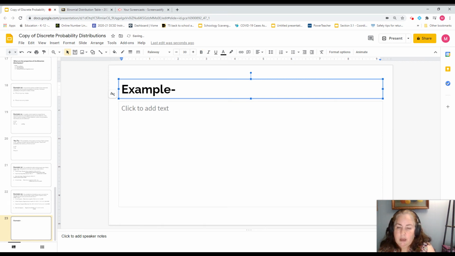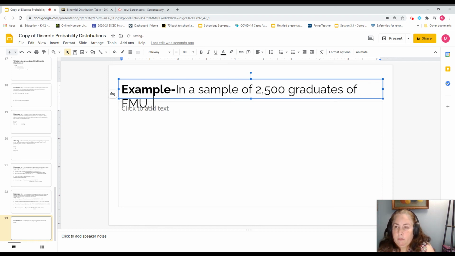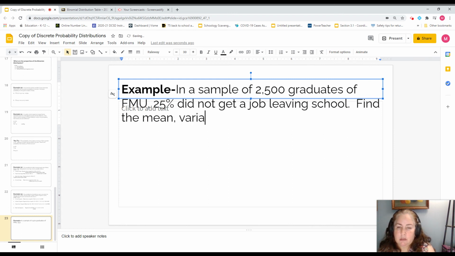Let's say in a sample of 2,500 graduates of FMU, 25% did not get a job leaving school. Find the mean, variance, and standard deviation.